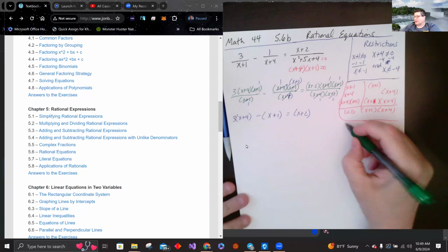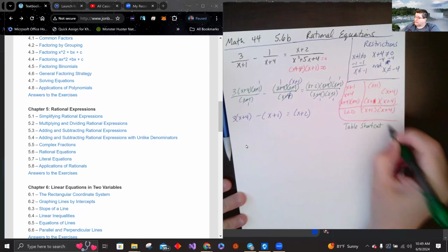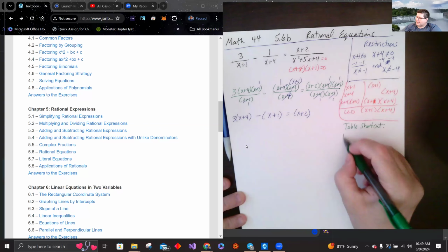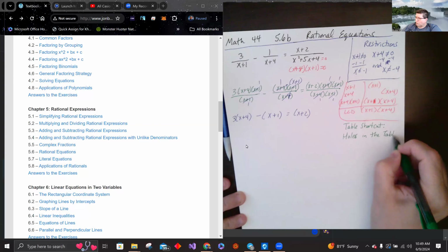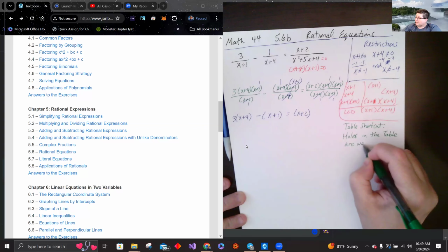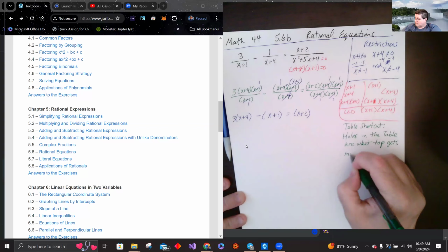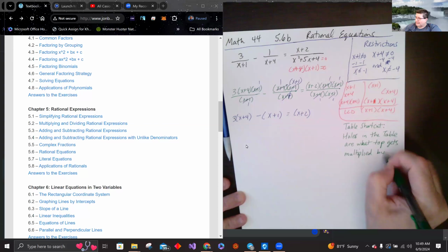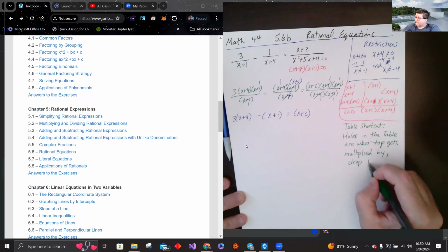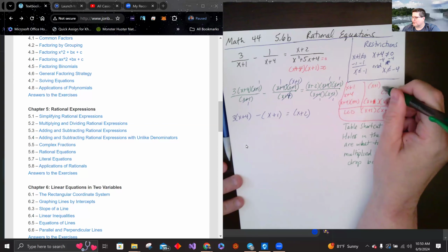With the table shortcut, holes in the table are what the numerator gets multiplied by. So we'll see the x plus 1 is missing the x plus 4.